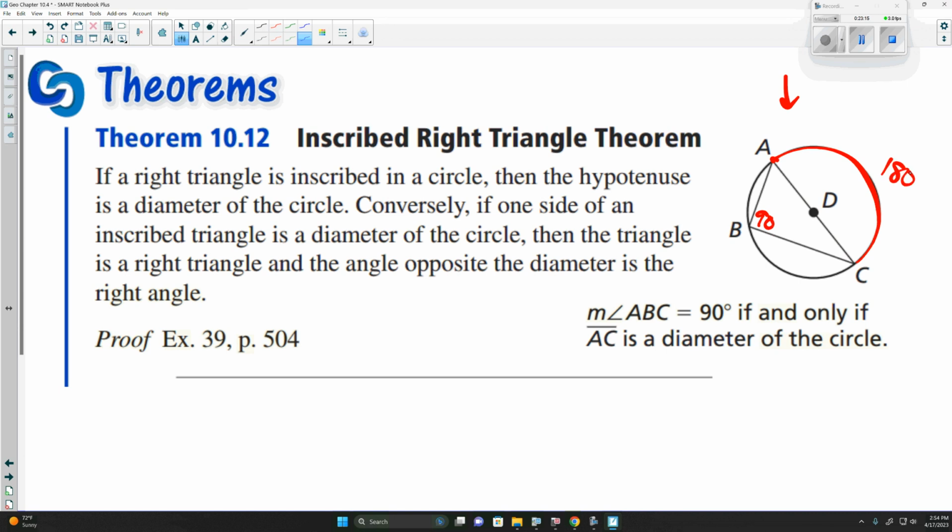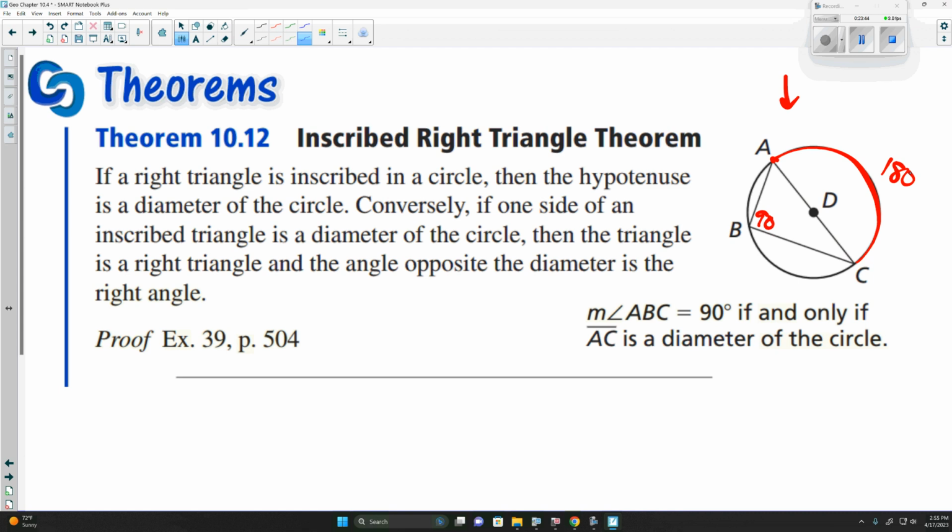Because angle B is 90, its arc's twice that measure, so it's 180 degrees. Well, what's the only way that arc can be 180? It's connected to the diameter. So it's connected to the diameter, but it's half the circle, yes? There's another 90. So since it is 180, that means AC has to be the diameter. And that's how that works.